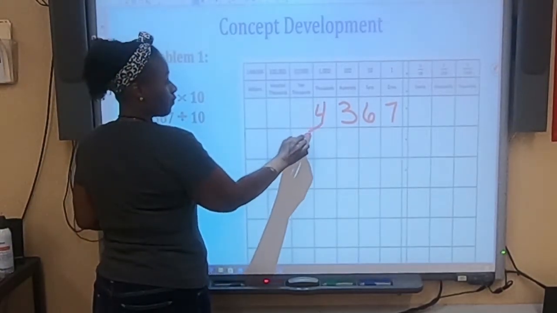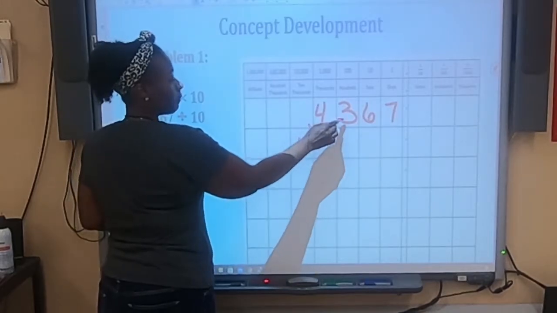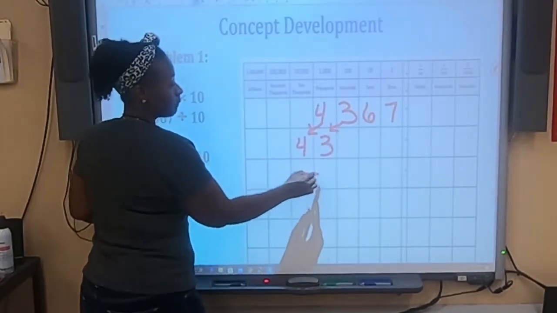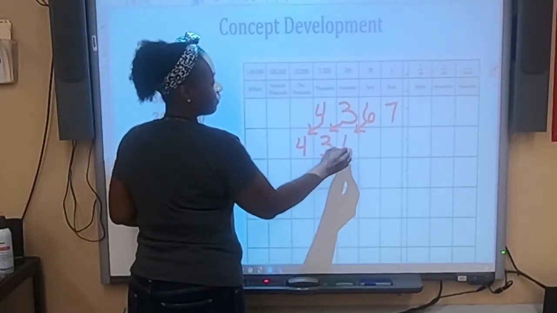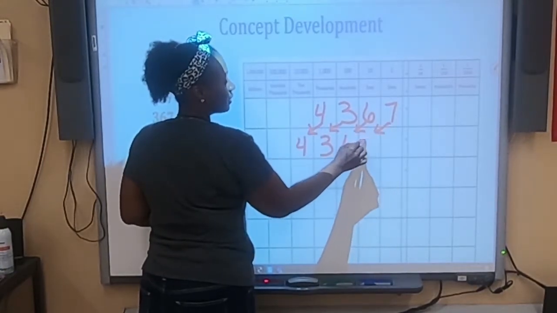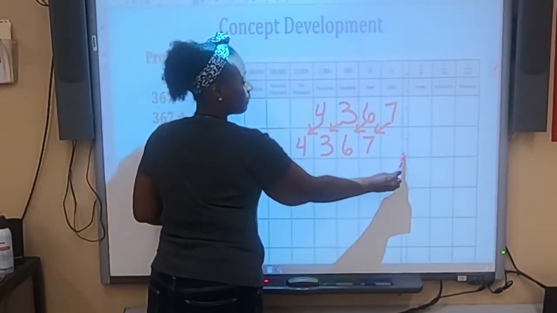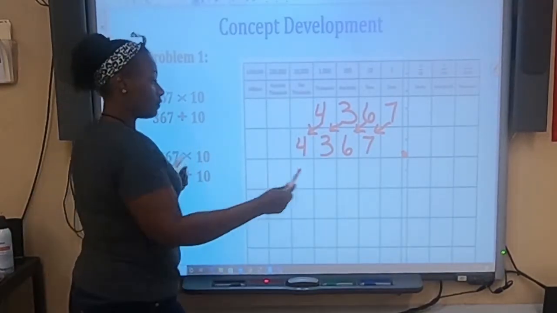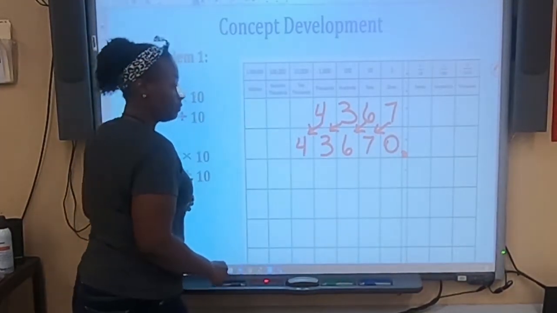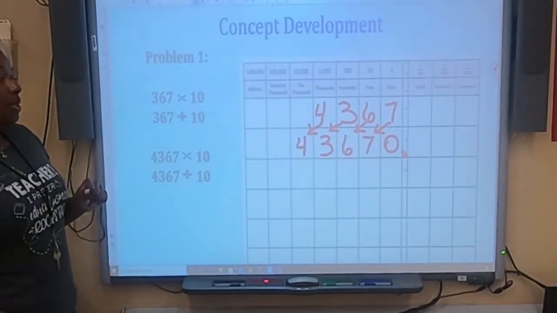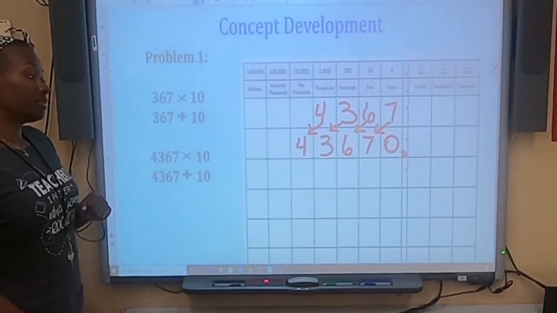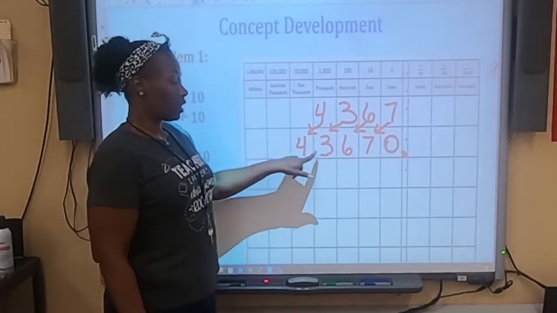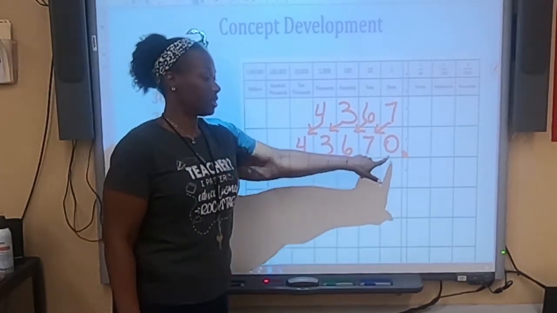So I'm taking my 4 to the left 1 time, my 3 to the left 1 time, my 6 to the left 1 time, my 7 to the left 1 time. Notice I'm not in my decimal yet. So what do we need to get there? A 0. So that shows me that 4,367 times 10 gives me 43,670.